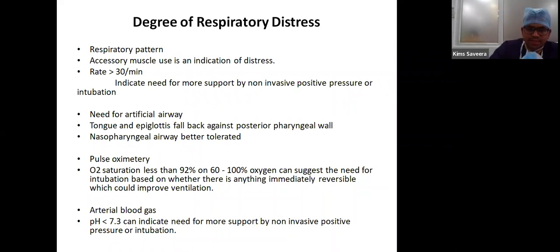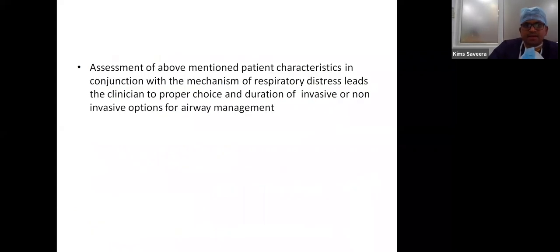When coming to arterial blood gas, when pH is less than 7.3, we need non-invasive support or intubation is required. By assessing the patient in this way, the type and degree of respiratory failure, the clinician will decide which type of ventilation the patient needs.